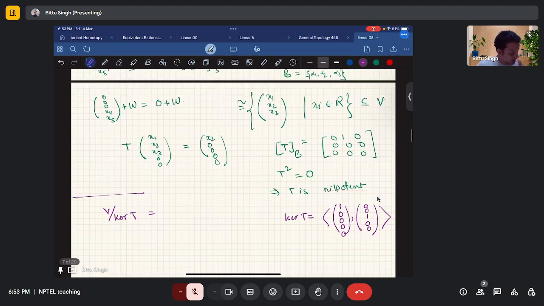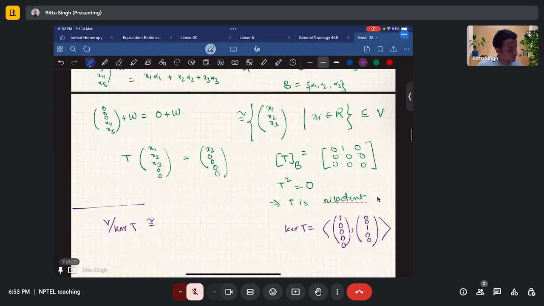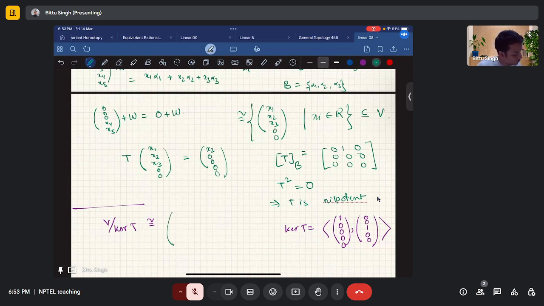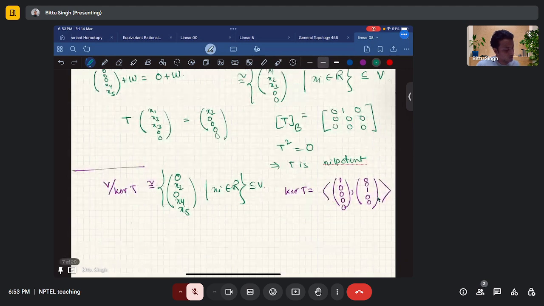Now, by the same logic, it is clear that V mod kernel T is isomorphic to a similar kind of thing. Actually, this is 0, and except first and third, we just take the other things. So (0, x2, 0, x4, x5), where xi belongs to R. Now, if we again apply T on this space, T applied on (0, x2, x4, x5).